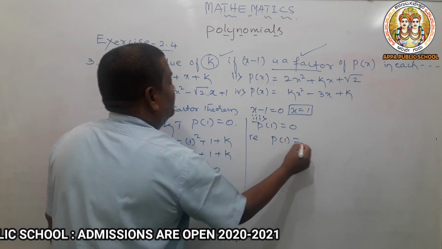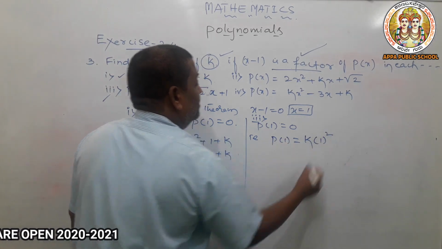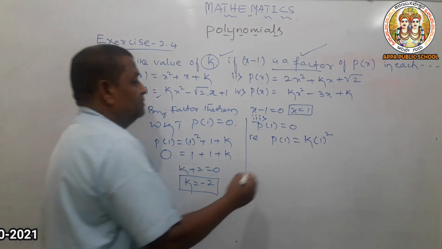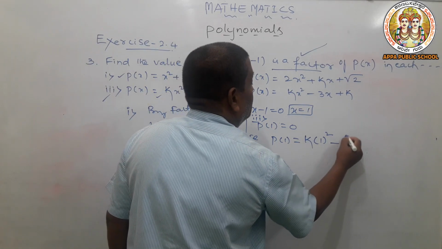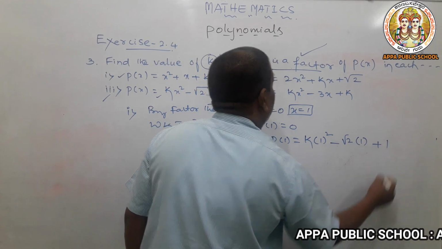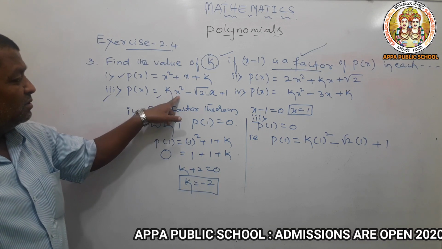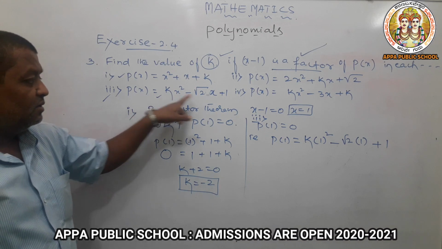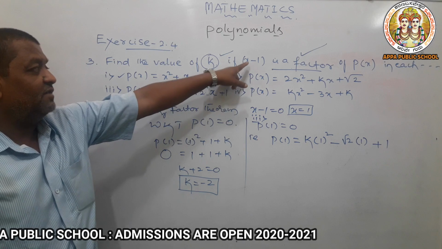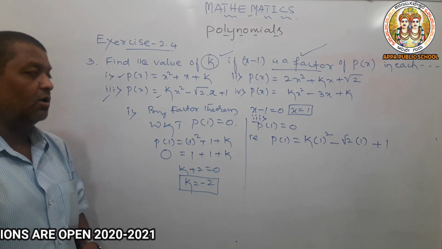P of 1 is equal to k of 1 square minus root 2 times 1 plus 1. What did I do here? I replaced x by 1, because x minus 1 is a factor for all the polynomials. It is the same for all.